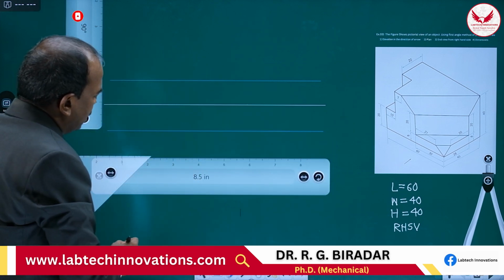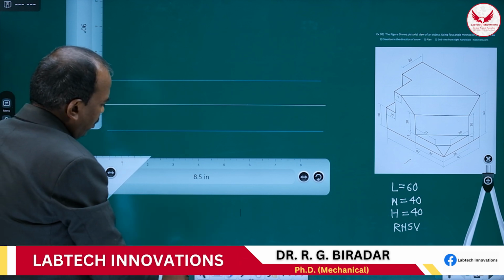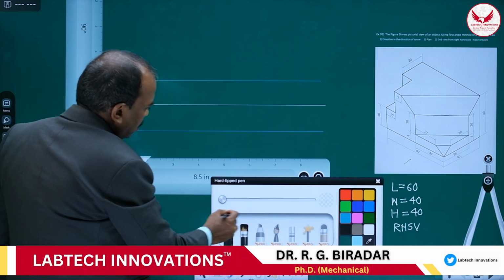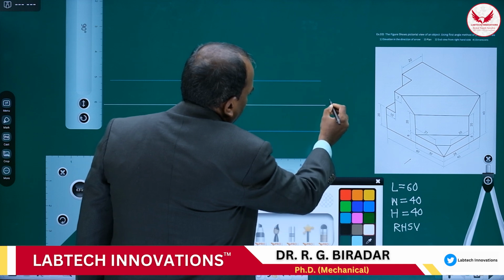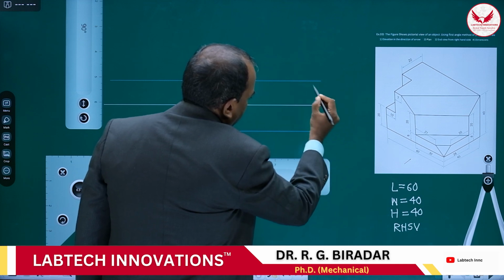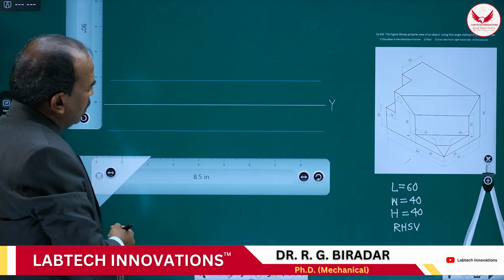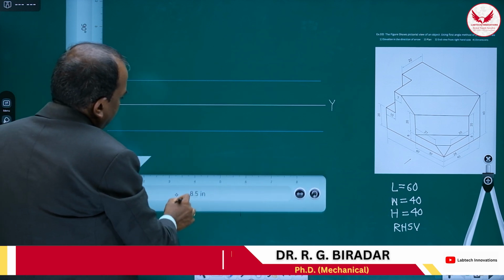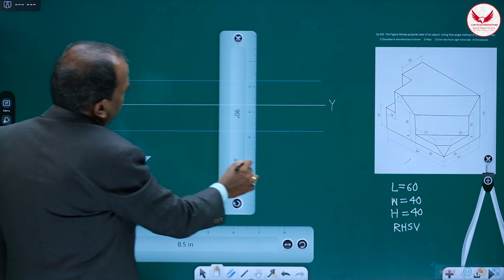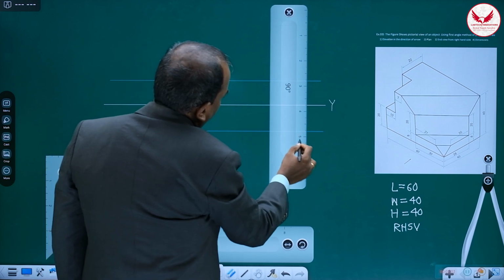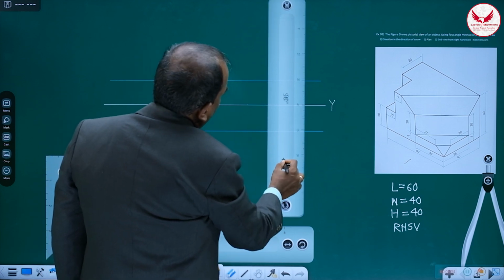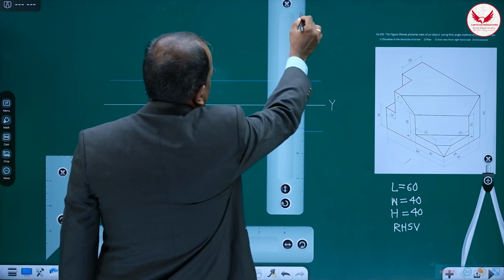Once we mark these 3 lines, if the right hand side view is there, start with Y, means we have to start from the right hand side only. This is Y. Once we mark this, leaving some gap, draw the vertical line.